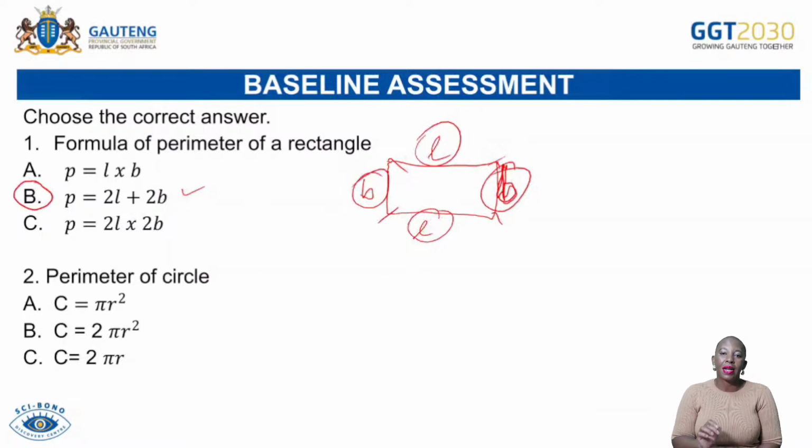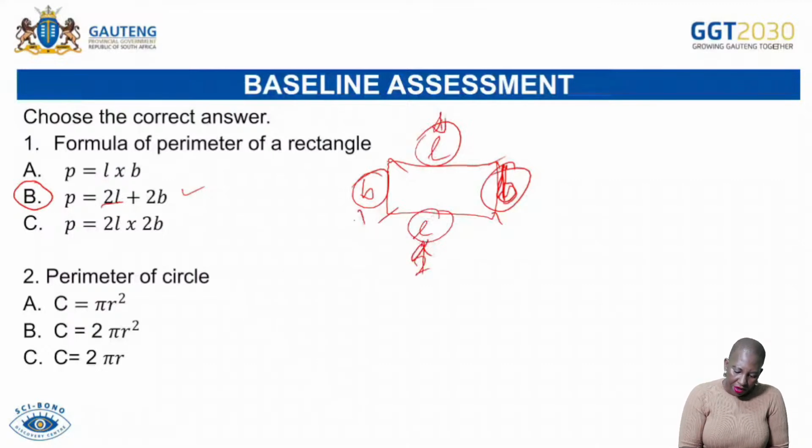We don't double, but we just say twice, we multiply. Why are we multiplying? When I say 2 times L, we'll do it in detail, because I've got L here, and then I've got length here. So how many lengths? 2 lengths. And then the breadth, I've got 1 this side, I've got 1 this side as well. So that means it is 2 lengths and 2 breadths. We just add, but we'll do it in detail.